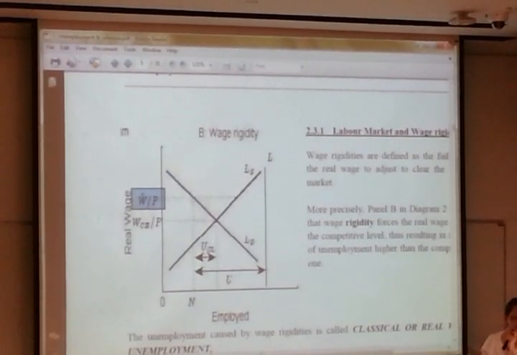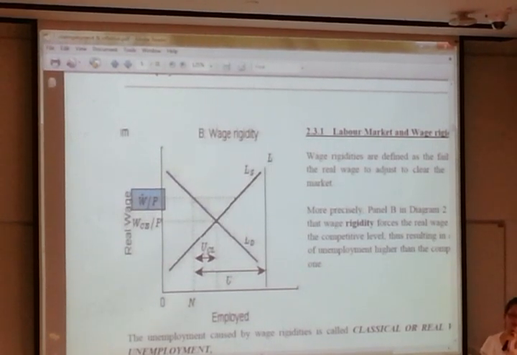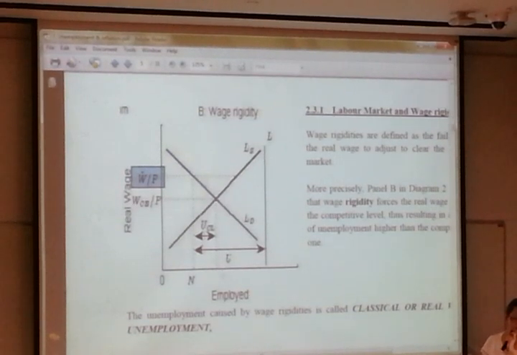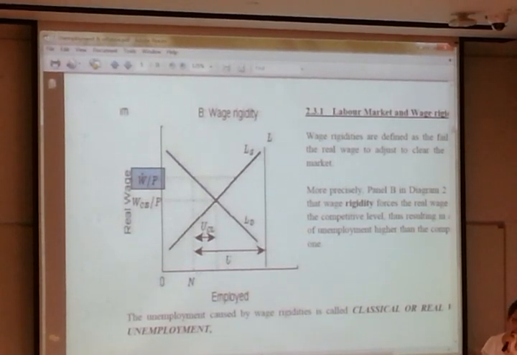Due to higher wages, firms will cut back offering jobs to workers. But workers will increase their labor supply because they are more willing to work. So you could see your number of people employed move all the way to the left. The unemployment gap increases. And this extra gap is called classical unemployment.